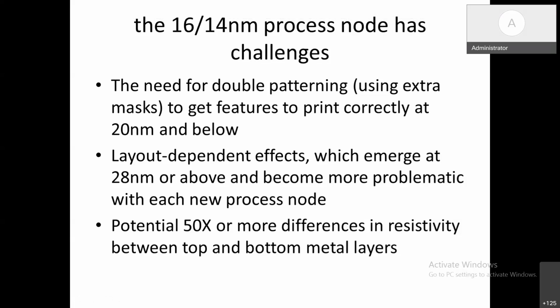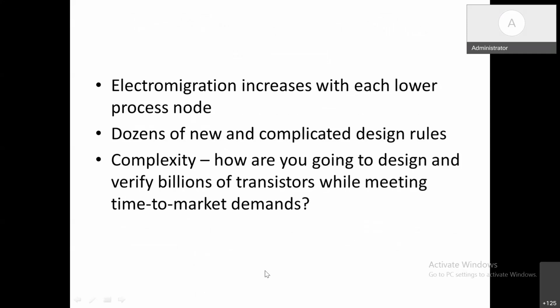Because of that, the potential variation is 50 times. So this is a very important thing which has to be taken care of. And electromigration also increases when you decrease the transistor size. And we have to come out with a lot of new and complicated design rules.